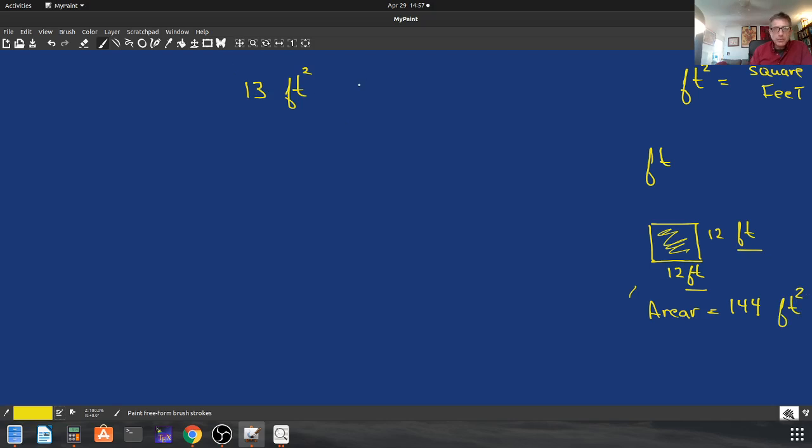So the book, or at least this chapter in our exercises, says if I'm given 13 feet squared, how much is that in inches squared? Let's get a conversion factor. Feet squared is the same as 1 foot times 1 foot.